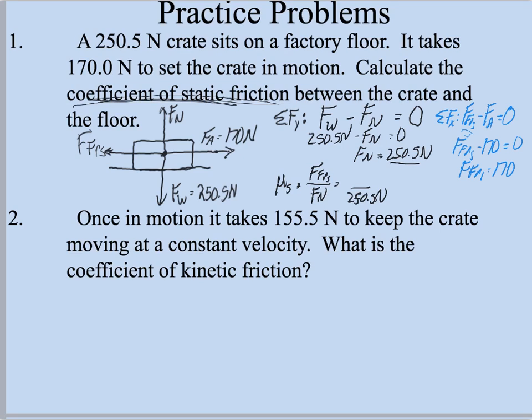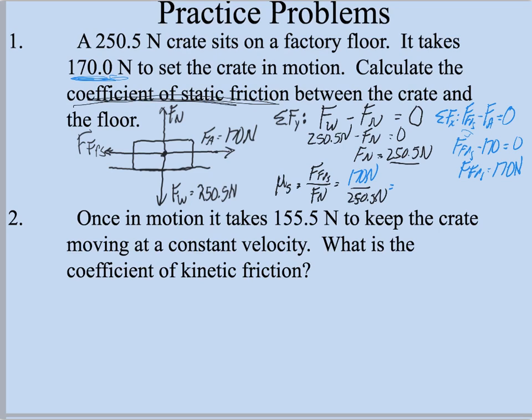And you could argue that it would be slightly less than 170 because it says that it starts to move when you hit 170. So just under 170 would technically be the static friction max, but that's something that we're not going to worry about. So I'm going to plug in 170 newtons for my static friction force.